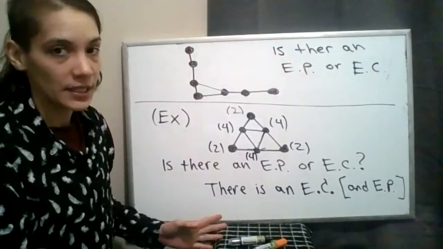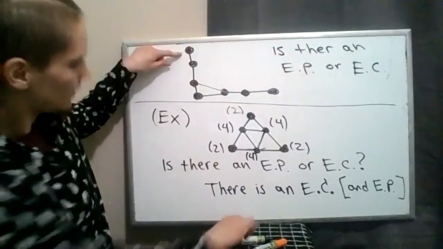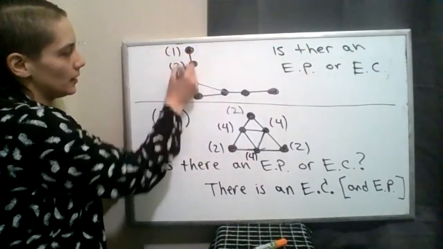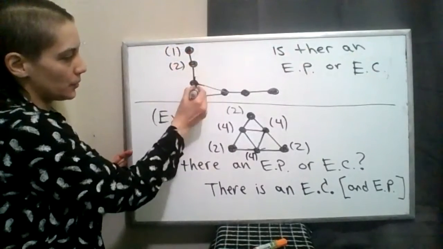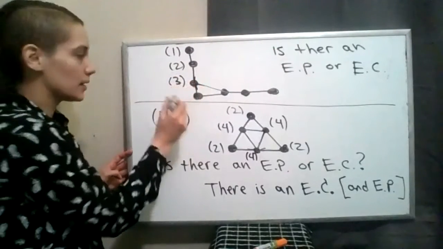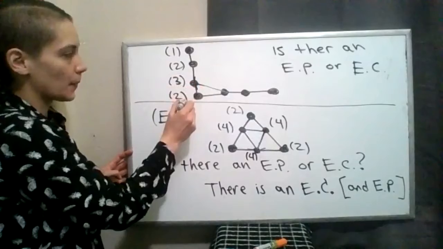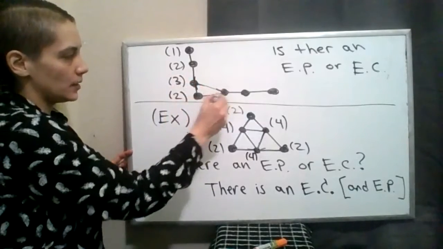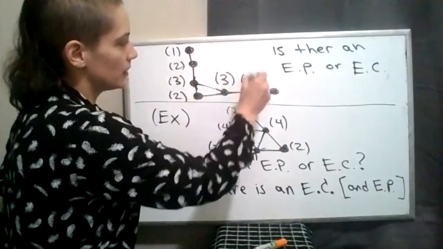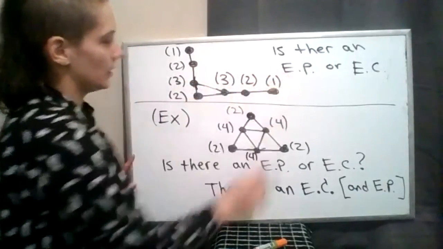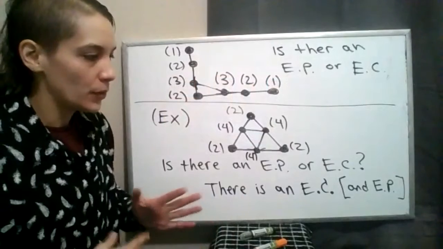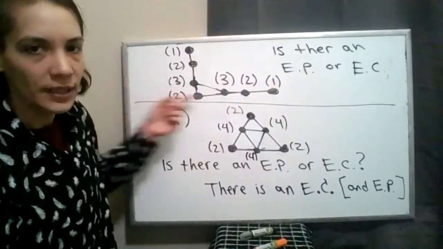Okay, let's check out the vertices. This one's degree 1. This is degree 2. Degree 1, 2, 3. Degree 2. This is degree 1, 2, 3. Degree 2. Degree 1. Okay. So we need every vertex to be even to have an Euler circuit, but you don't have all evens.